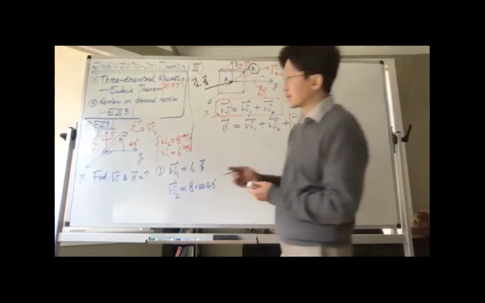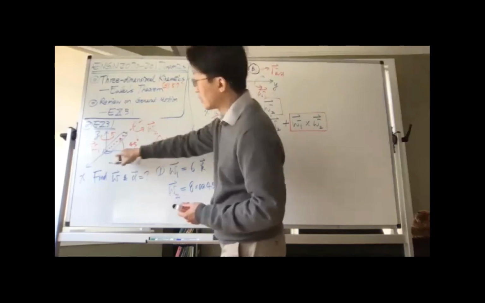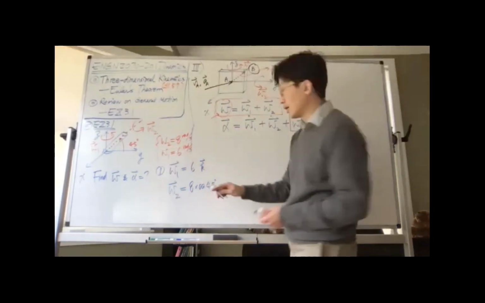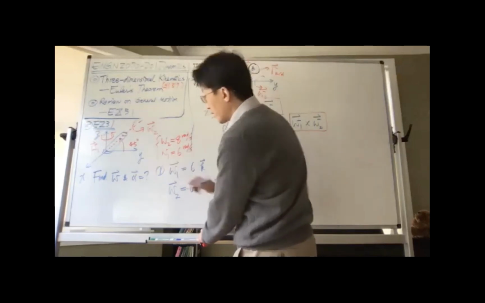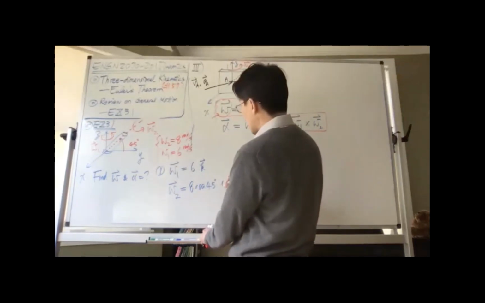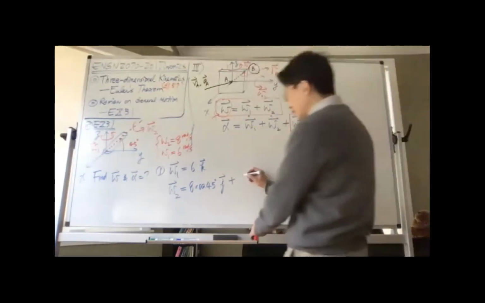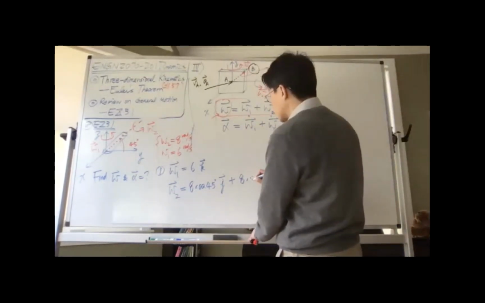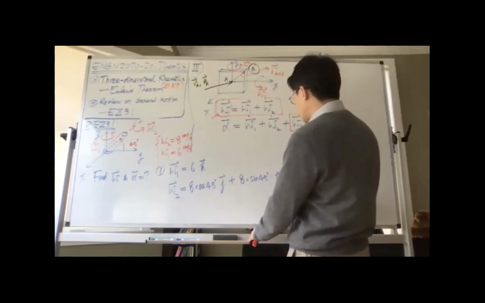It's positive because the direction of y2 is in this direction, so you project it down, it's still positive on y. So it's positive 8 times cosine 45, and the unit vector on the y-axis is j, plus another positive 8 times sine 45 degrees times k.